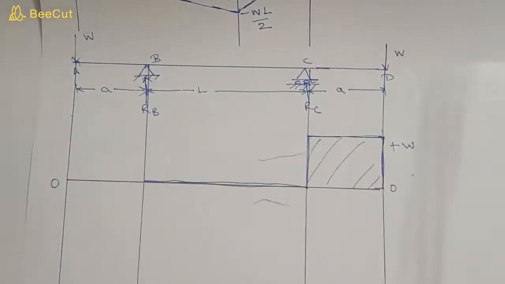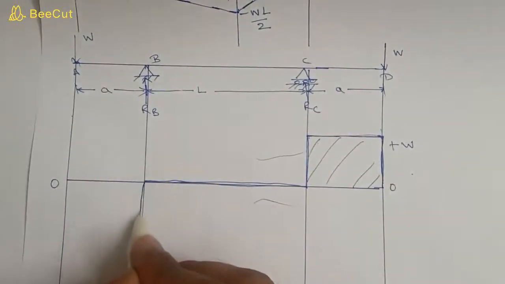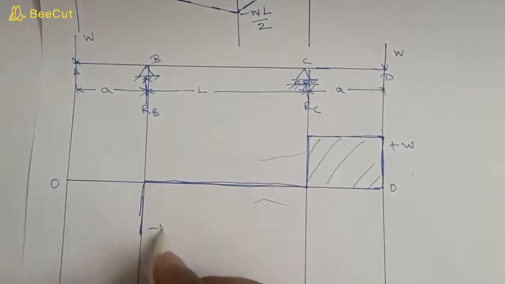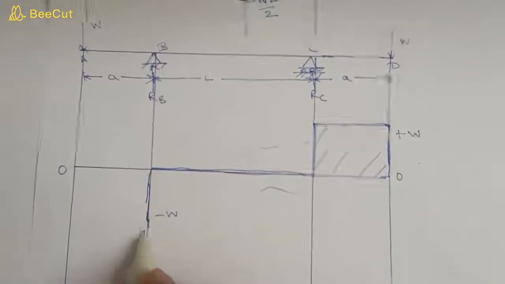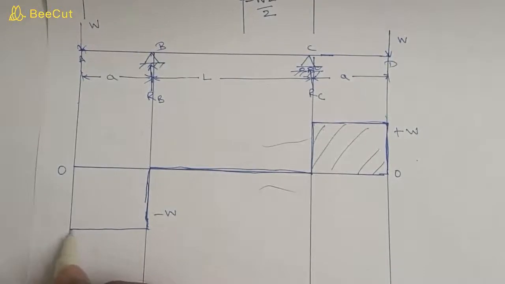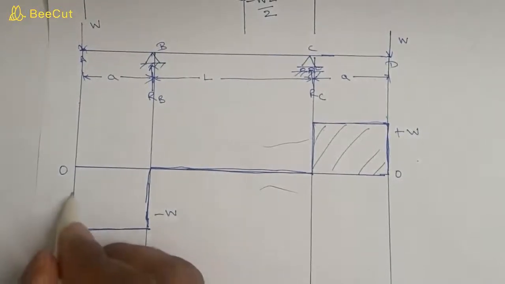So we will get minus W shear force here, so let's draw minus W, and from B to A there is no force, so it will be constant and it will become 0 here.